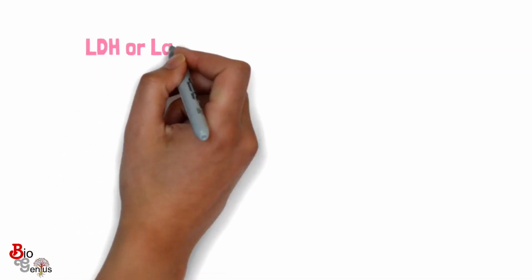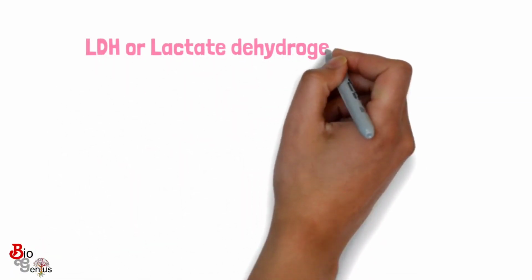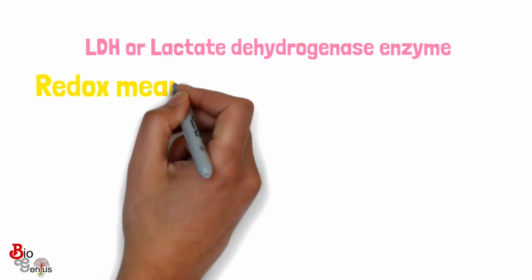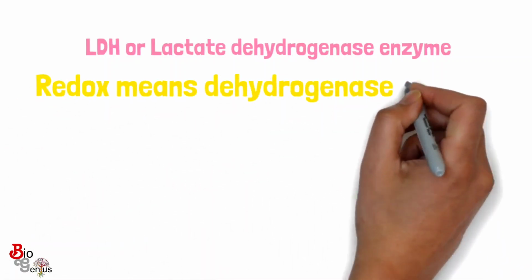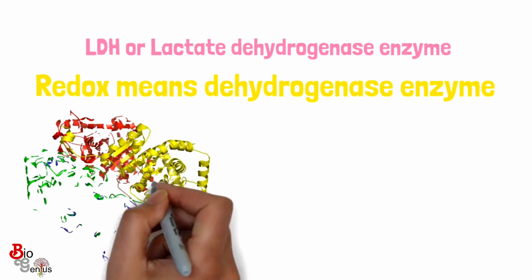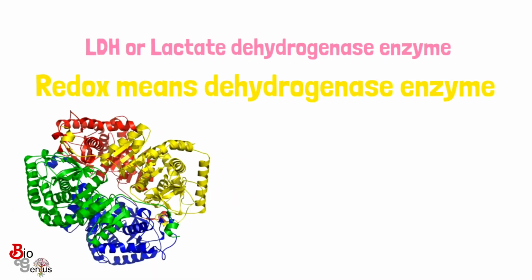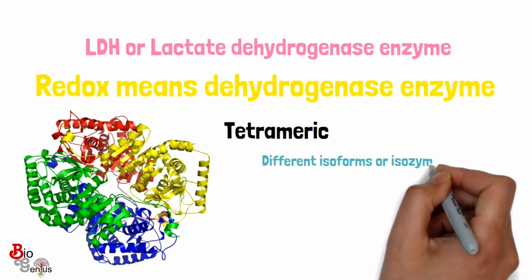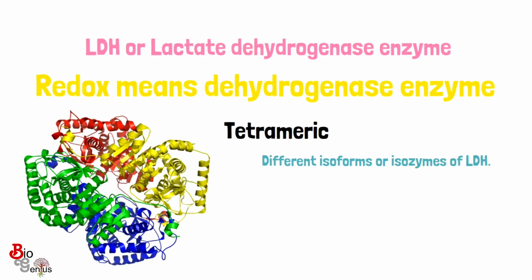This reaction is catalyzed by the LDH, or lactate dehydrogenase, enzyme. It is a redox reaction, so the enzyme has to be a dehydrogenase. Lactate dehydrogenase, or LDH, exists as a tetrameric enzyme composed of subunits, and there are different isoforms or isozymes of LDH.